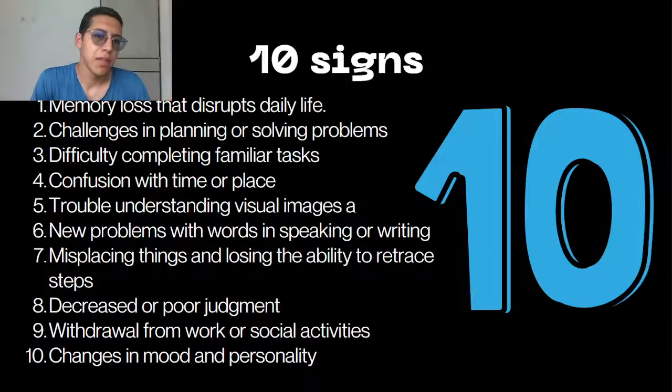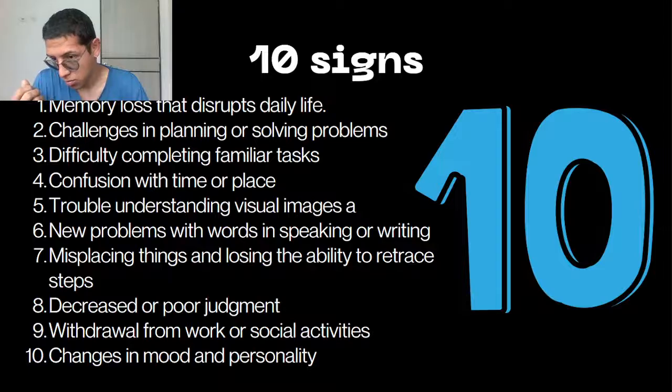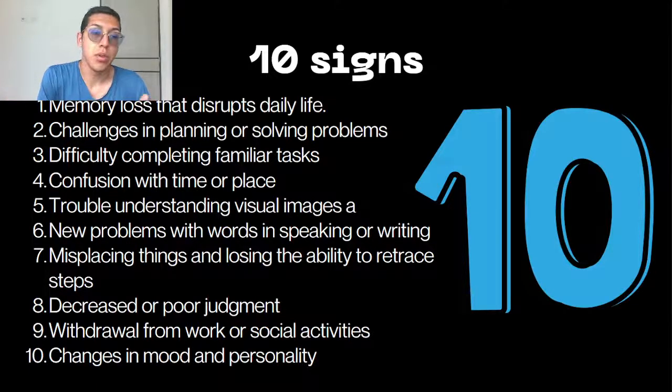The number three is difficulty completing familiar tasks. For example, if in your routine you, I don't know, do Sudoku, you start to find it difficult and to find problems to complete these tasks.